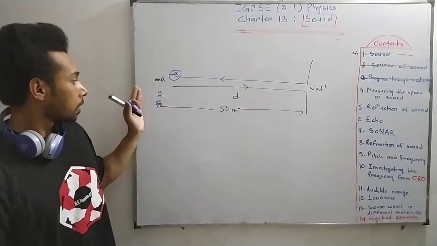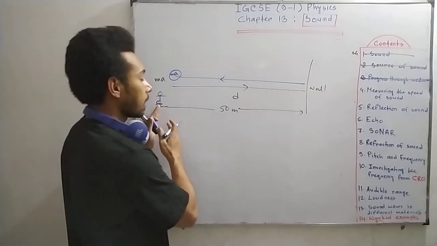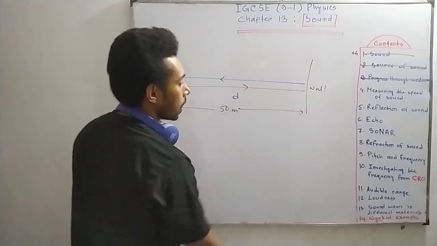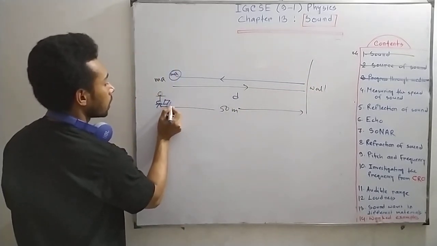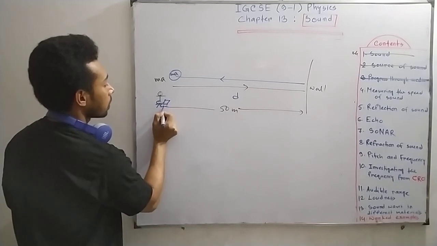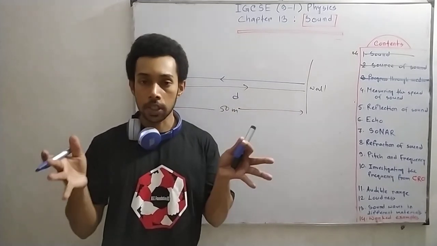You and your friend are both at the same distance from the wall. Suppose you have asked your friend to take two pieces of wood together.